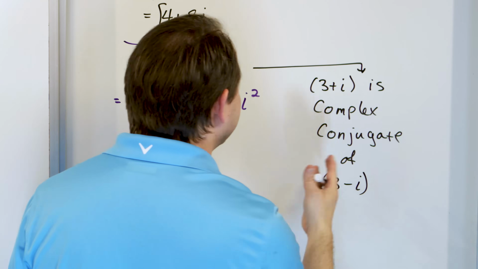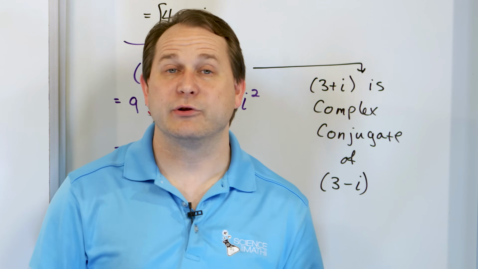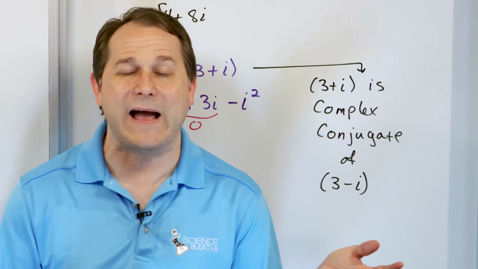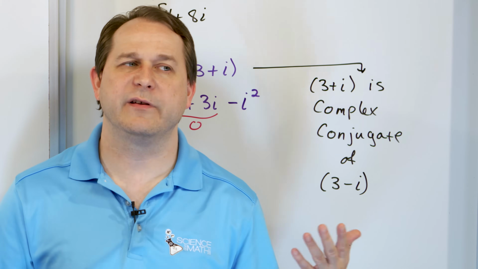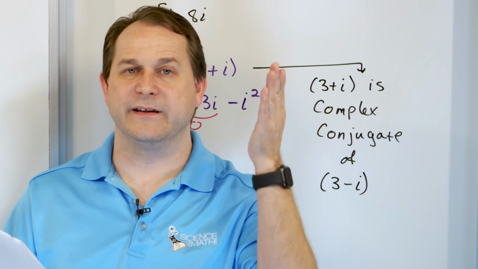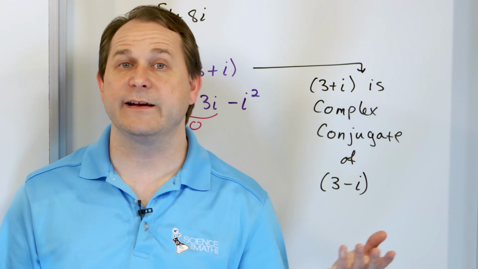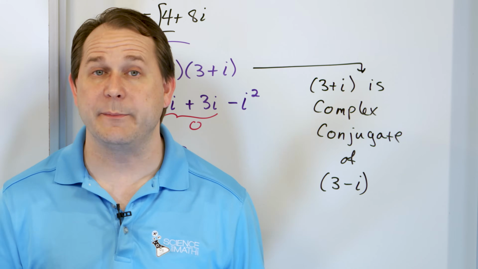In fact, they're complex conjugates of each other. A complex conjugate is very similar to what we already talked about, the conjugate of a radical. If you have something plus something and there's a radical involved, to make it a conjugate, you just flip the sign in the middle, from a negative to a positive or positive to negative, and that's called a conjugate. We use that all the time to clear the radicals from denominators, right?